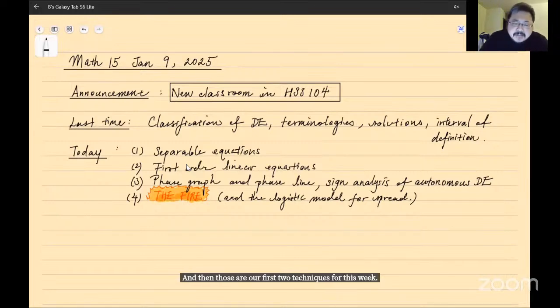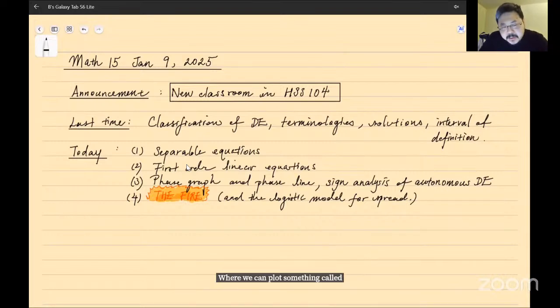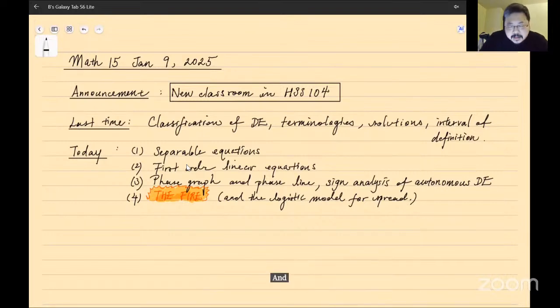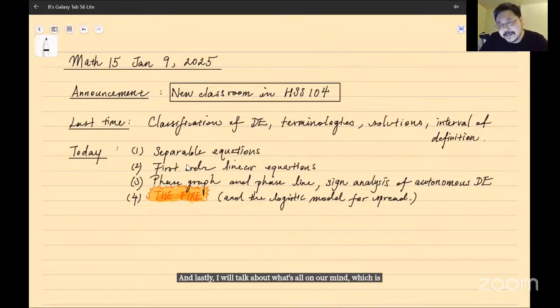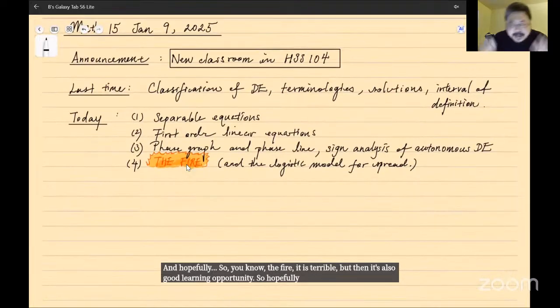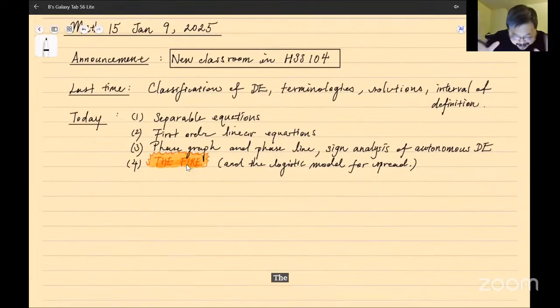After that, I want to discuss a type of system called autonomous differential equation, where we can plot something called a phase graph and phase line. That's number 3 on the agenda. And lastly, I will talk about what's all on our mind, which is the fire. The fire is terrible, but it's also a good learning opportunity. So hopefully you'll get excited about that. Well, not the actual fire, but the topic, the math part.